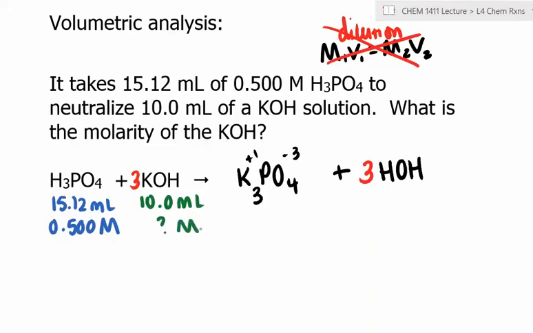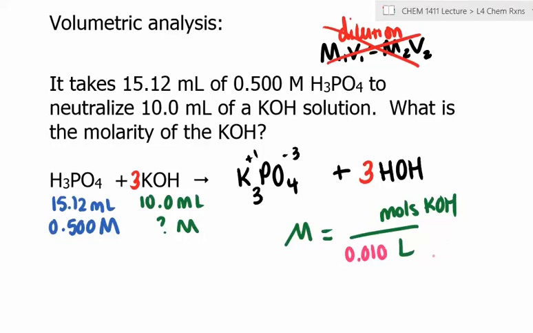Okay, so just thinking ahead about what we know about molarity, if I want to know molarity, molarity is equal to moles over liters. And we already know the liters. The liters are, from the milliliters, I know it's 10 milliliters, so that would be 0.010 liters.